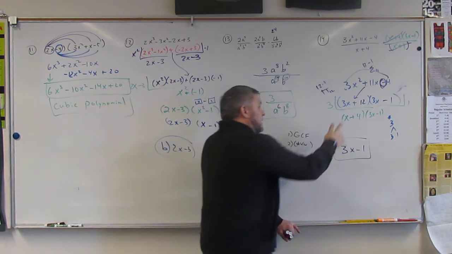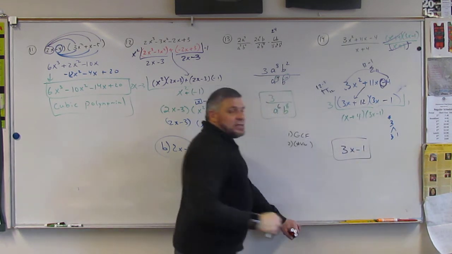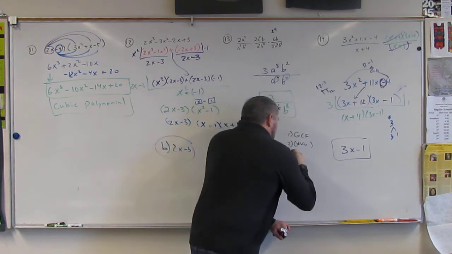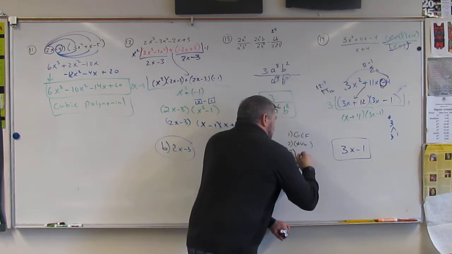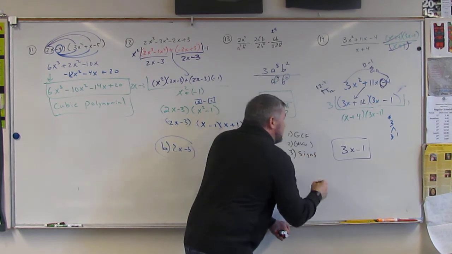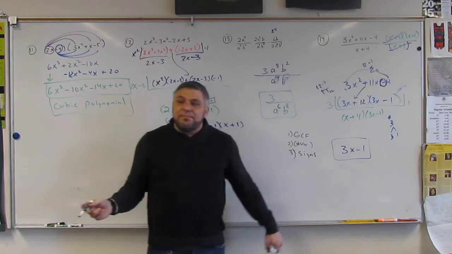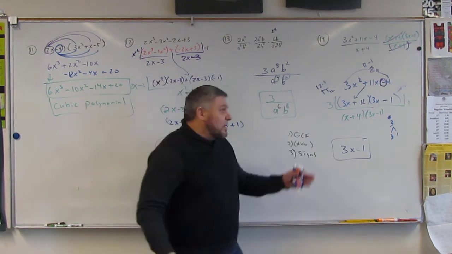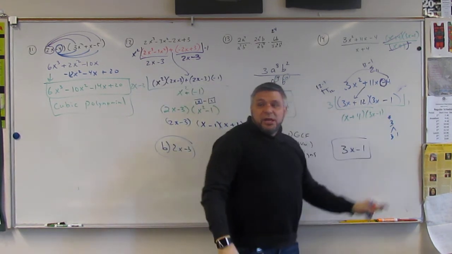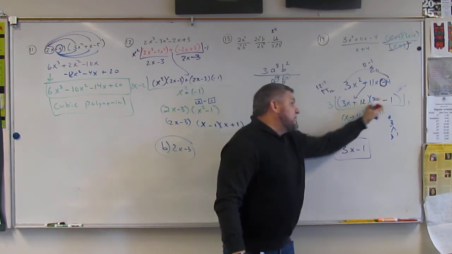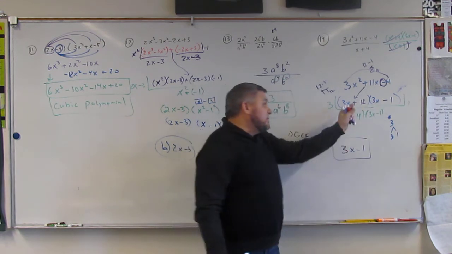Okay? So you're bringing down your 3 and your 3x in both of them. Third step is signs. So this sign comes down, and this sign tells me that they're the same or different. If it's a plus, both signs will be the same. If it's a minus, these two signs are different. It's a minus, so they're different.